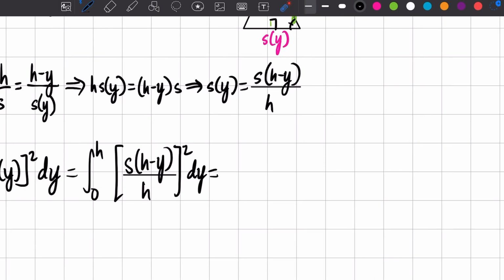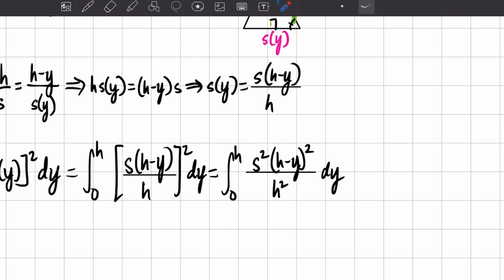Then distributing the square towards these factors here, we will have the integral from 0 to h of s squared times h minus y squared all over h squared dy. And what we know is that this value of s here is fixed, and this value of h here is also fixed.